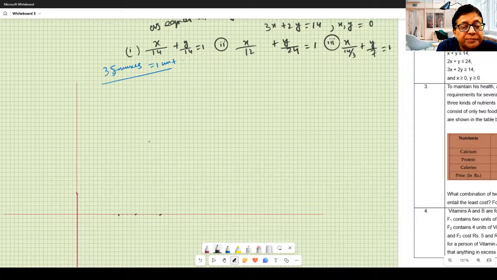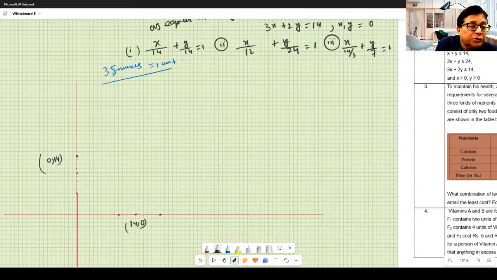This is 14. 14, 0. Similarly, here. It's a practical problem. So this time I am changing my mind. I am going by intercept from this one, just by putting values.